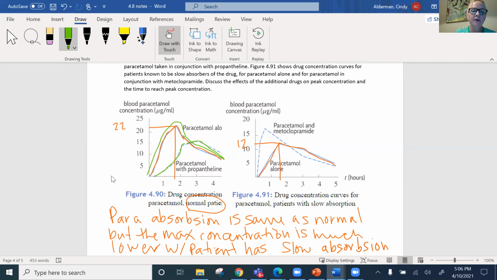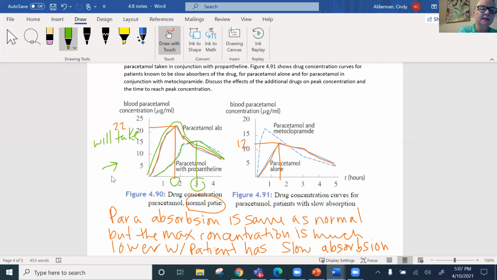So if you look at the para in this figure compared to the para with the other drug, what happens here is that if you take the other drug, it's going to take twice as long, because it's going to take 3 hours, right? As opposed to 1.5 hours.